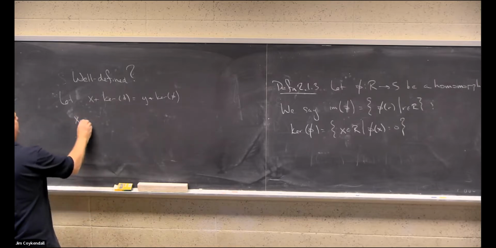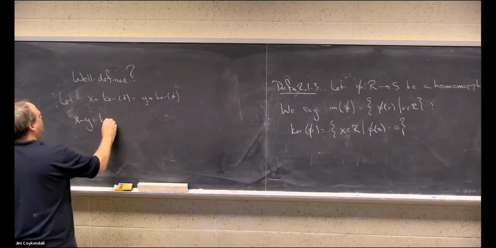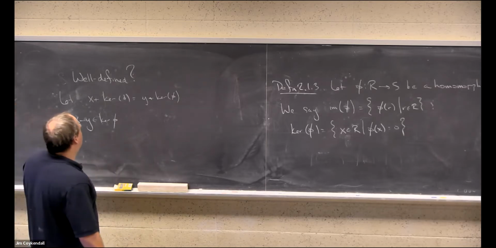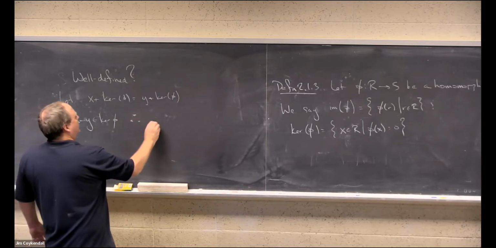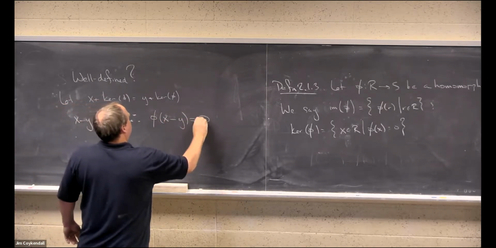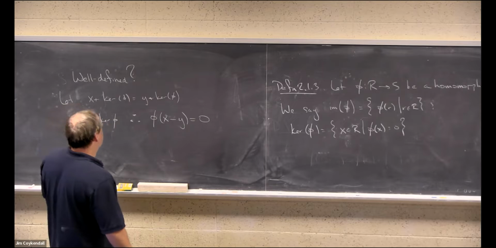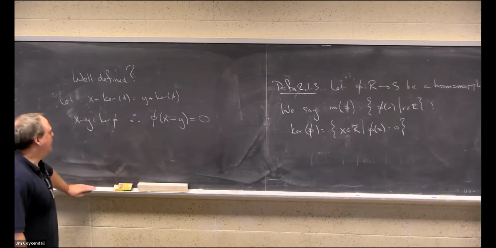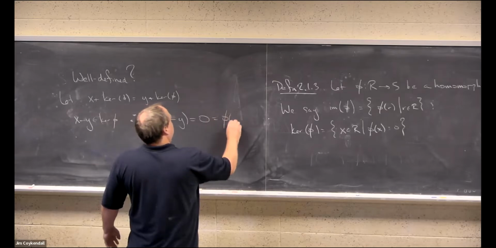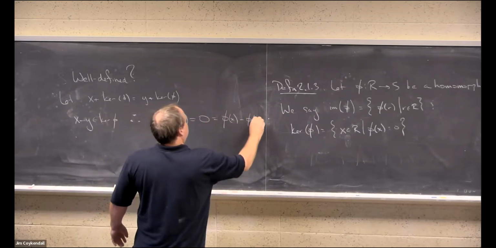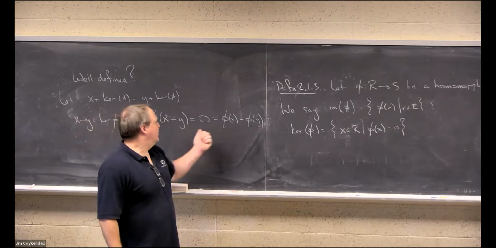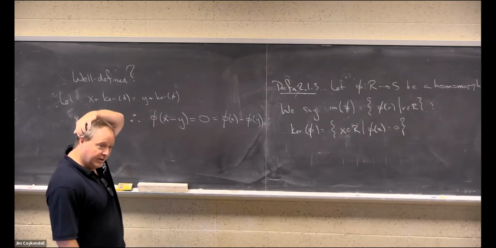This of course means x minus y is in the kernel of φ, and this is synonymous, the same. φ(x minus y) must be 0, because after all, x minus y is in the kernel of φ. And by the way, it's easy to verify that φ(x minus y) is φ(x) minus φ(y).